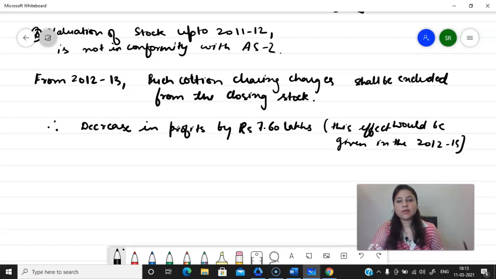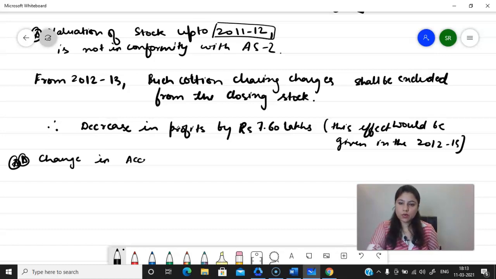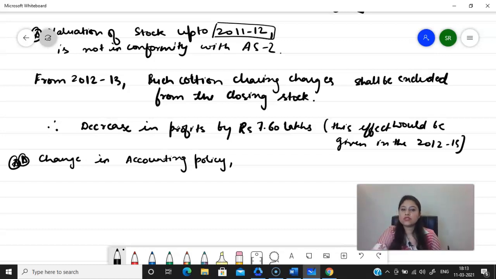13. However, the company made the correction in the books of accounts from the year 2011 and 12. So this particular effect or change shall also be regarded as a change in accounting policy, and thus it should be stated in the notes to accounts.